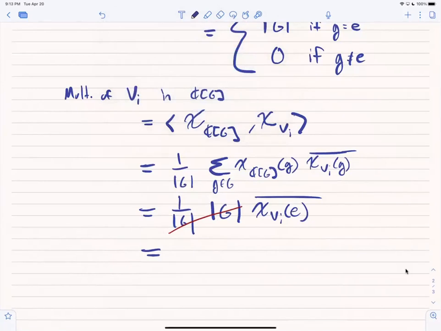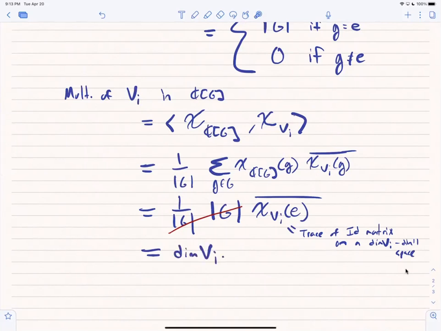We talked about this last time briefly when we introduced the character: the character of the identity element is just the trace of the identity matrix on a dim VI dimensional space, which is just the dimension of VI.